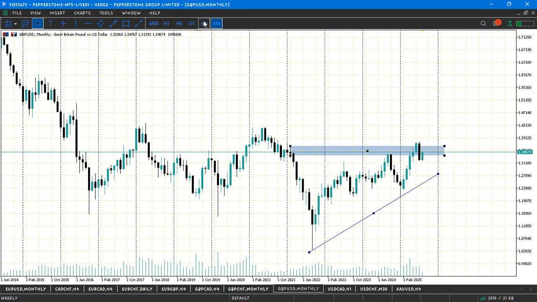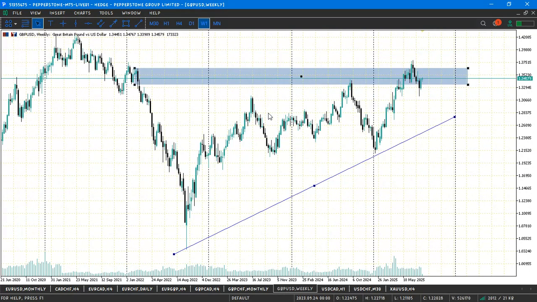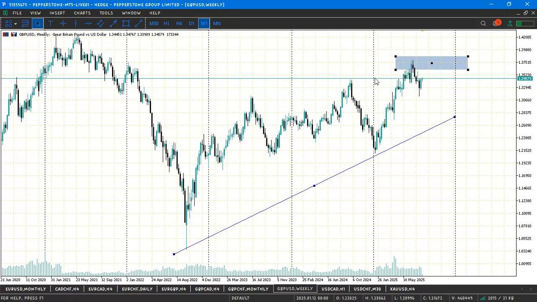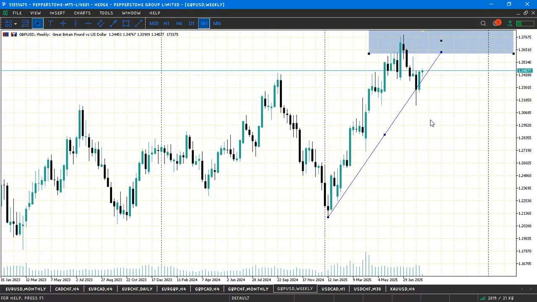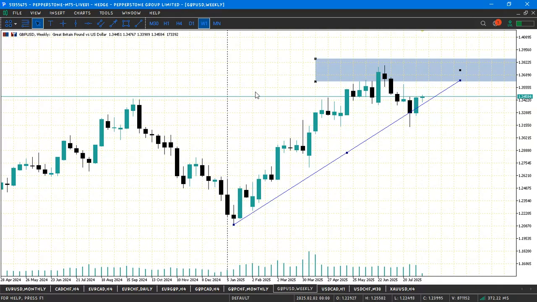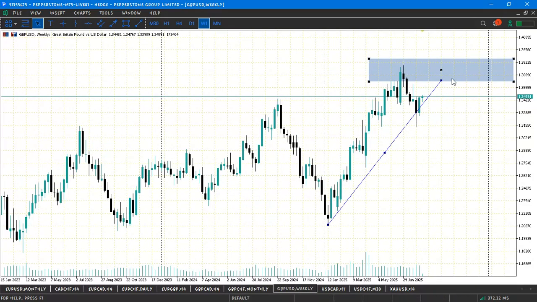Now, moving to the weekly, we can clearly see what we are talking about. The market has been in this uptrend from here going upwards, and this uptrend has been for many weeks, causing a series of higher highs and higher lows.